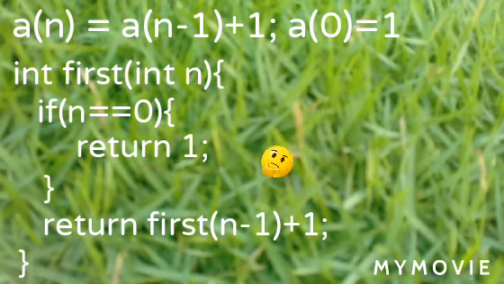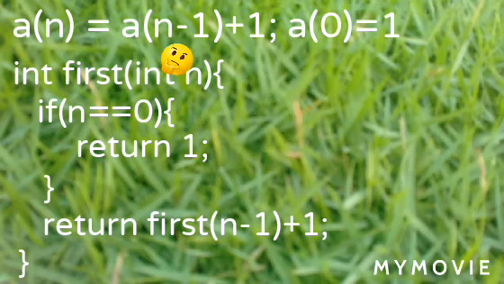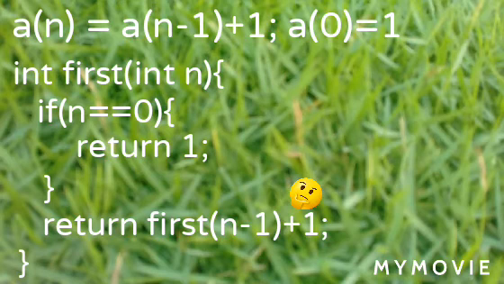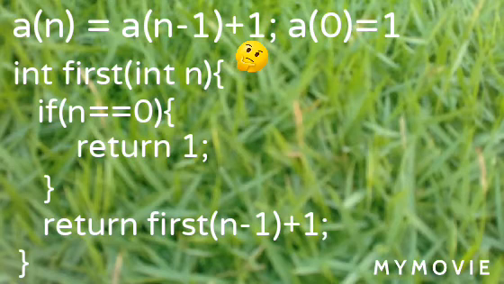Oh, n minus 1 is the subscript of a on the right hand side of the equal symbol. Then does it mean the first is related to a? Then how about the plus 1? Oh, there's also a plus 1 in the relation.